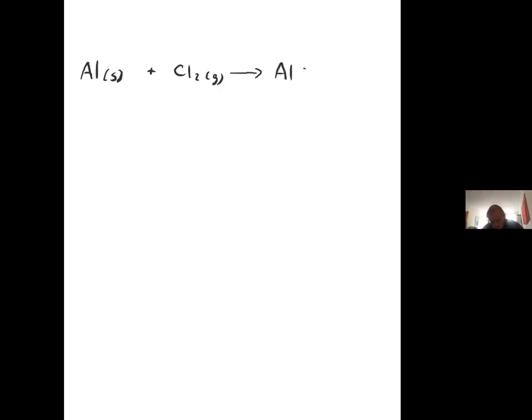They give you the formula. Okay. And then they say, suppose you've got 7.0 moles of aluminum and you've got 1.0 moles of chlorine. Calculate the largest amount of aluminum chloride.